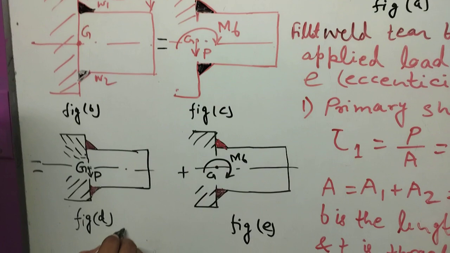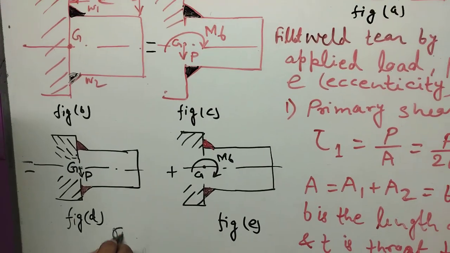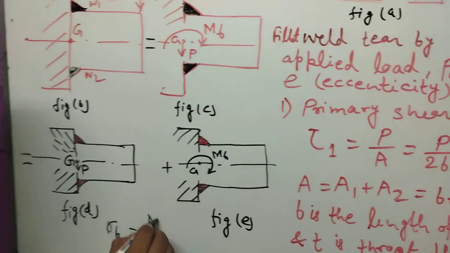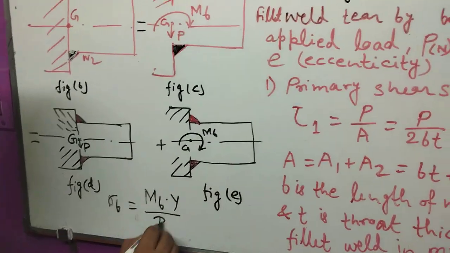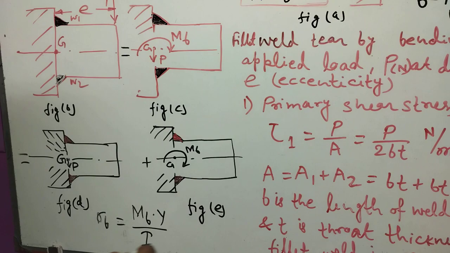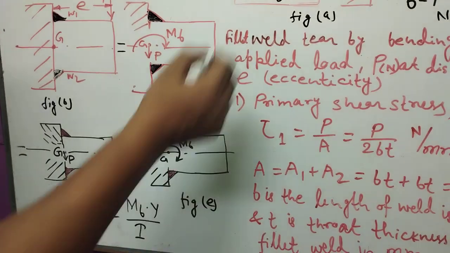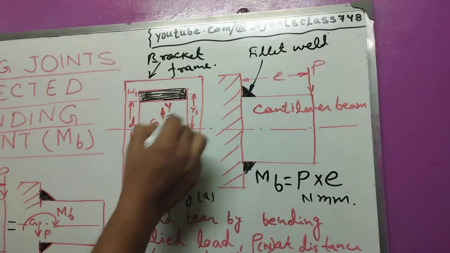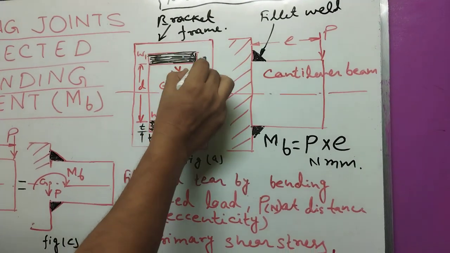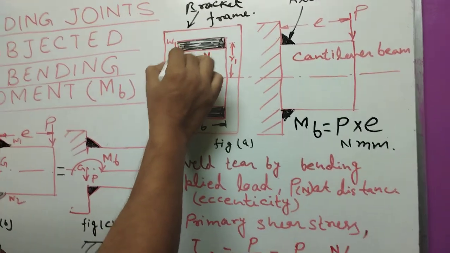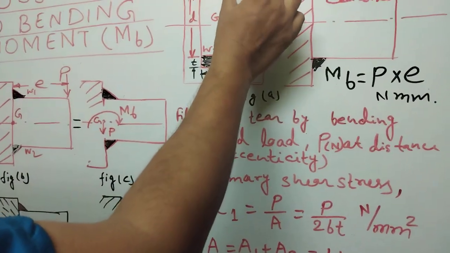By applying the equation sigma B equals MB into Y by I, where I is the moment of inertia and Y is the distance from the neutral axis, the center of gravity, to the outer fiber, which is T by 2.